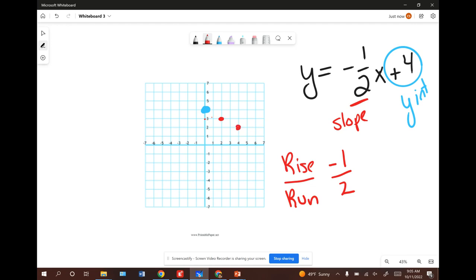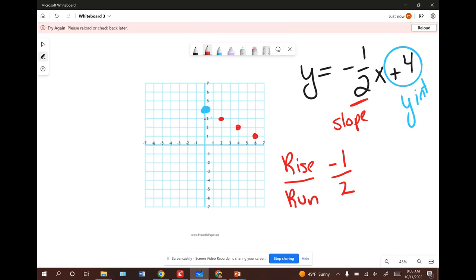Down 1 and to the right 2. Down 1 and to the right 2. And you can see that when I make my line, not a very straight line, the line is going down when you read it like a book, left to right. When it has a negative slope, we want to make sure that the line is going down. So that's how we would do that one.